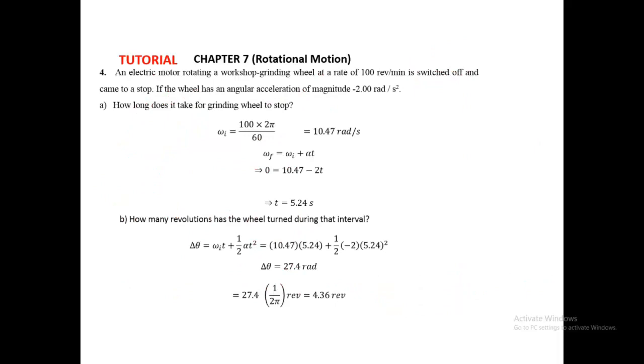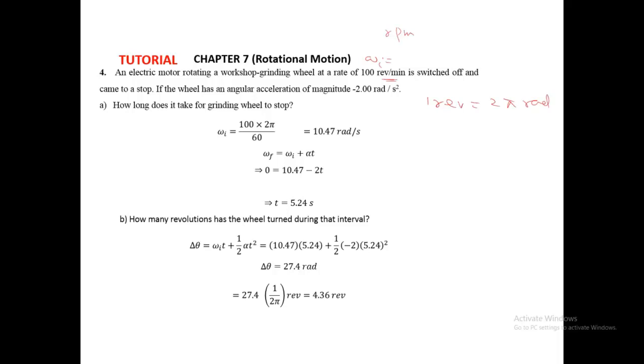Then question number 4. You have this electric motor rotating wheel at the rate of revolutions per minute, RPM. So this is your omega I, 100 revolutions per minute, so you have to convert. One revolution is equal to 2 pi radian.